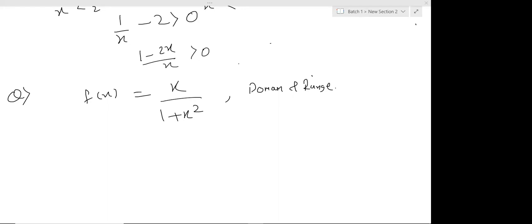We are discussing the relations and functions chapter. This is the last class of that chapter. We are trying to find the domain and range of a given function.